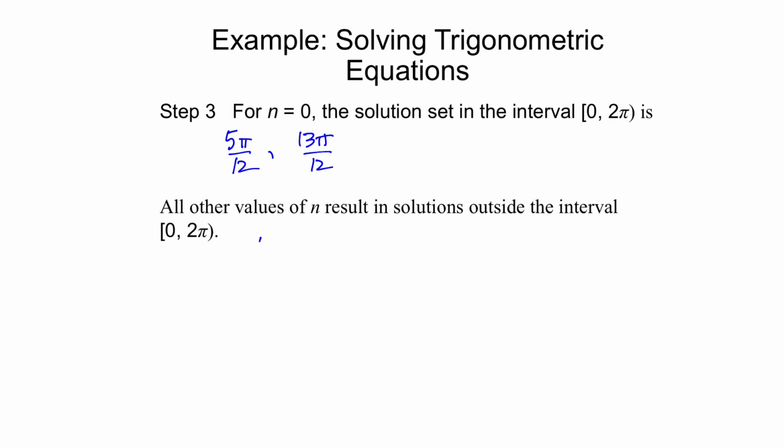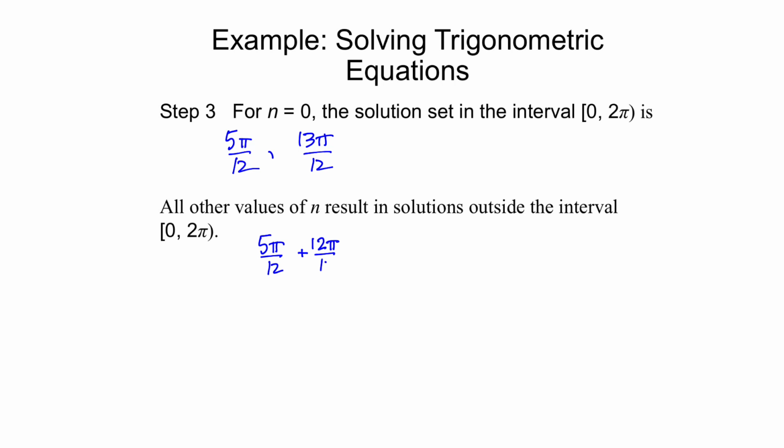So, for example, let's start with 5 pi over 12. We'd have to figure out what it is as degrees, but let's try to add 2 pi to that, right? Because that's one of our solutions.